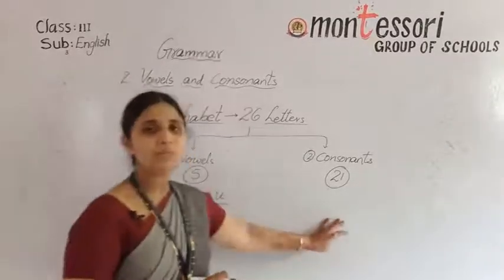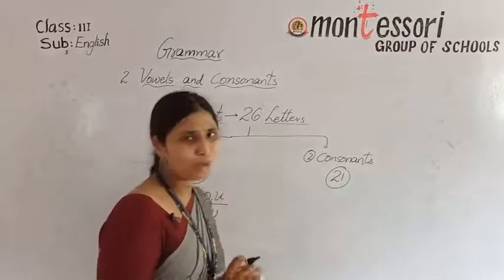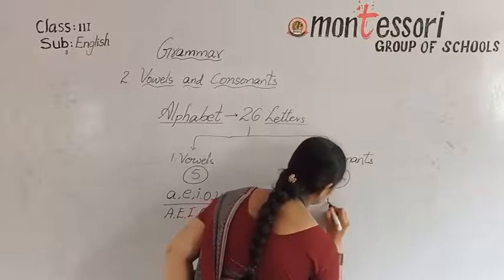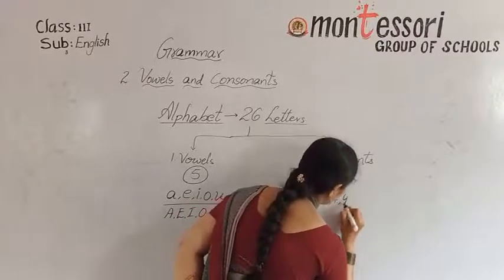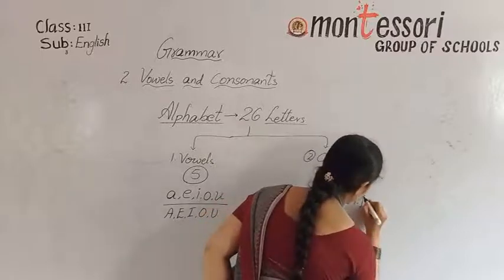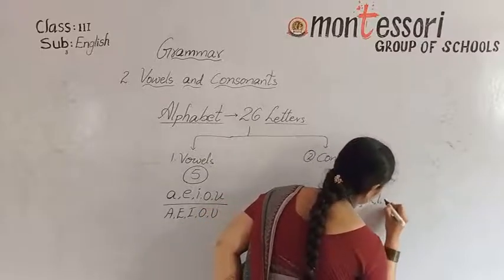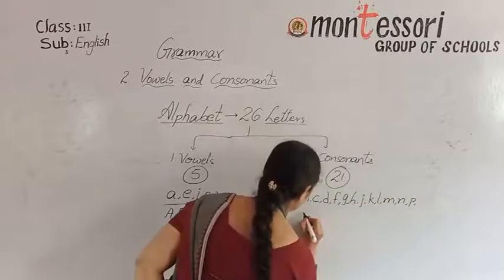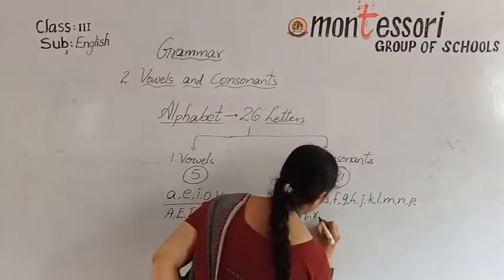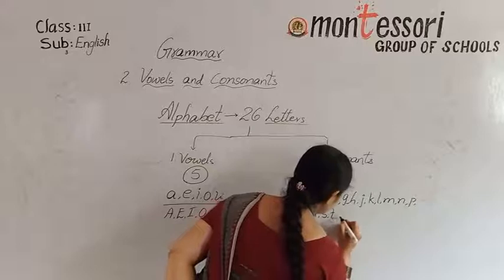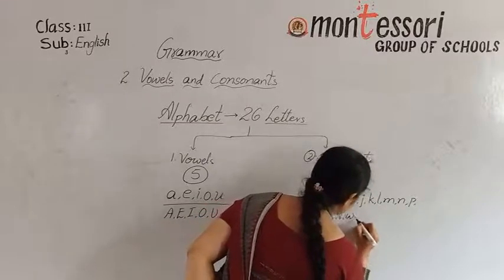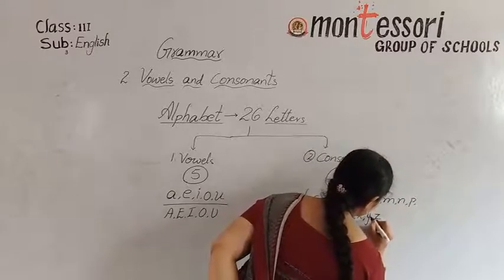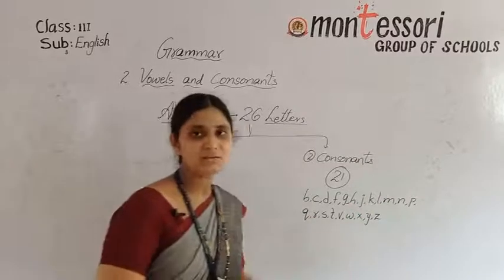And the remaining 21, can I write here? Yeah, I will write, no problem. B, C, D, F, G, H, J, K, L, M, N, P, Q, R, S, T, V, W, X, Y, Z. Remaining these are consonants.